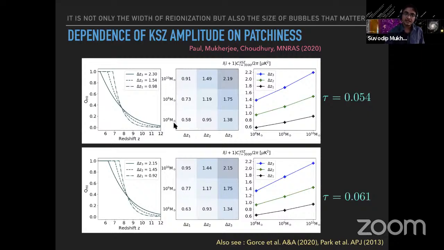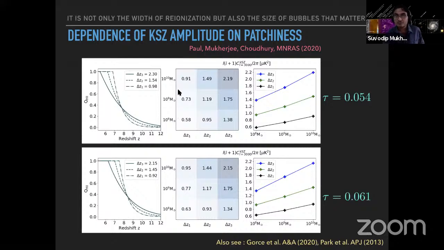What you see is, you calculate the power spectrum at L of 3000, let's say, and you see that when you move from lower delta z to higher delta z, your signal changes as expected. The same thing happens if I keep delta z fixed but increase the halo mass. So if I measure a kSZ power spectrum from observation, I cannot say it is just because of a large delta z, or because of a large halo mass which is driving the reionization.